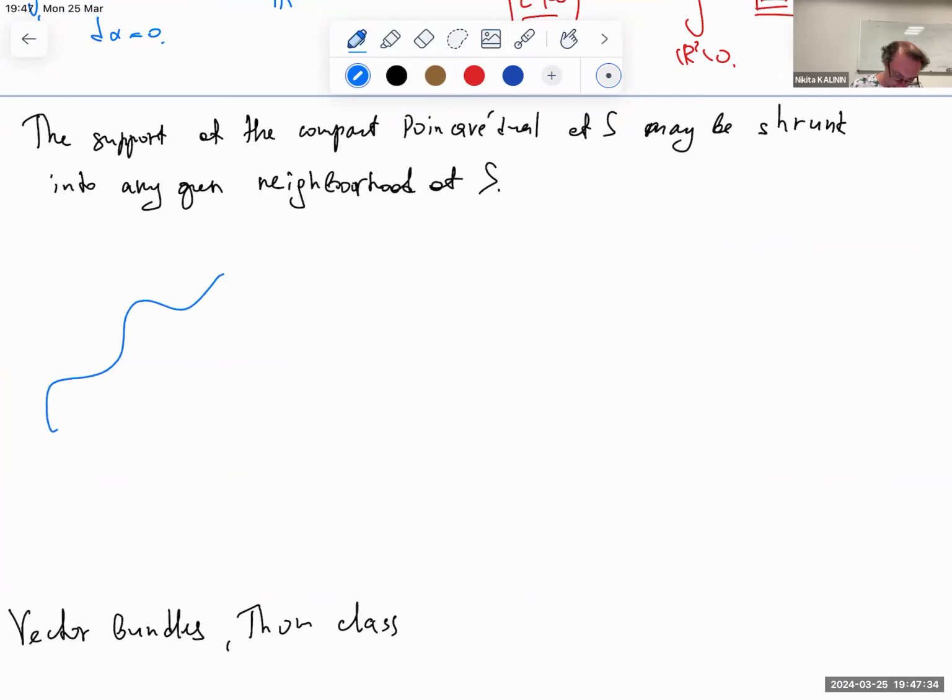Let's say we have S. Just take any neighborhood of S, let's call it V. You remember that for S, you can construct this eta prime S in compact cohomology of V. And then it can be embedded into compact cohomology of M. And the integration is usual.